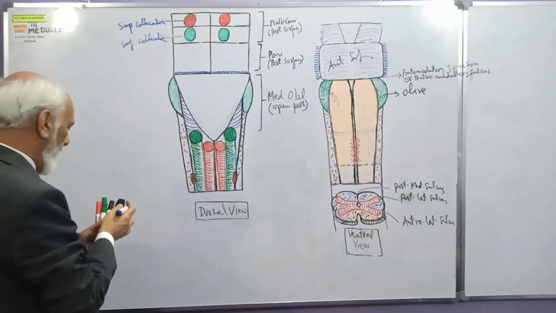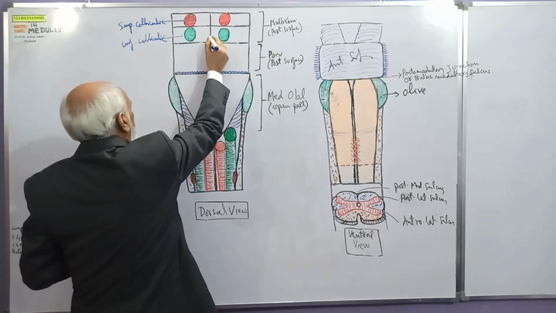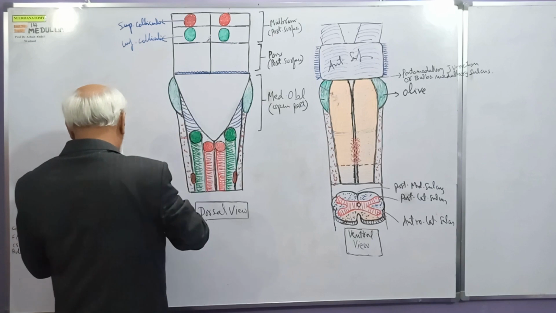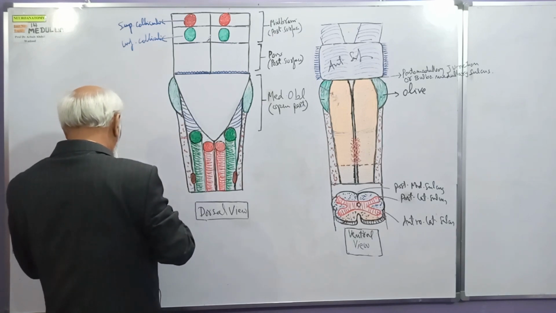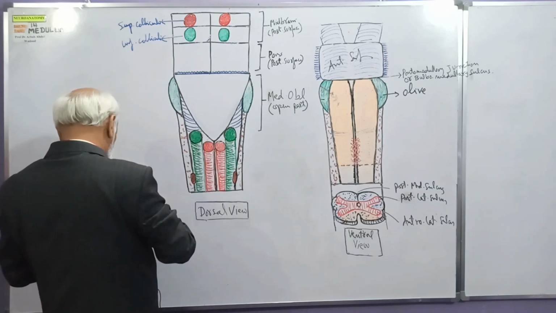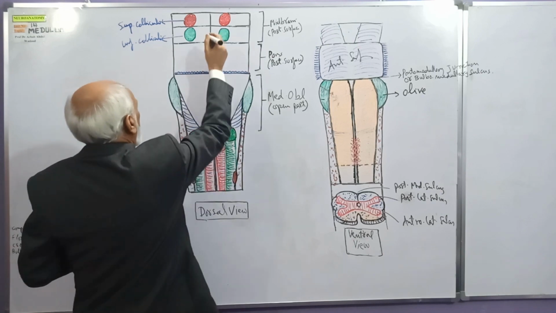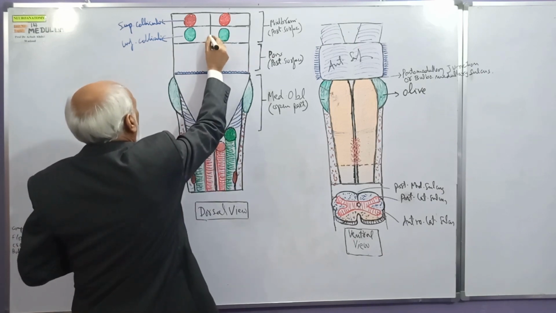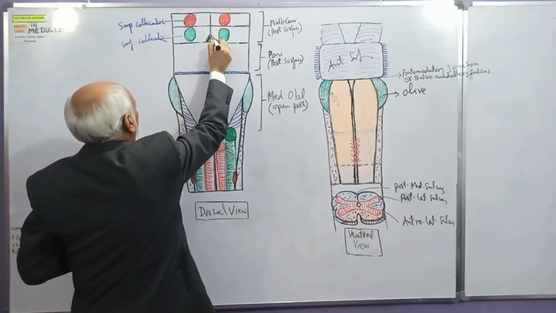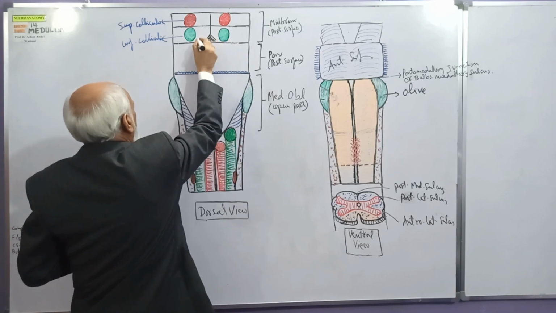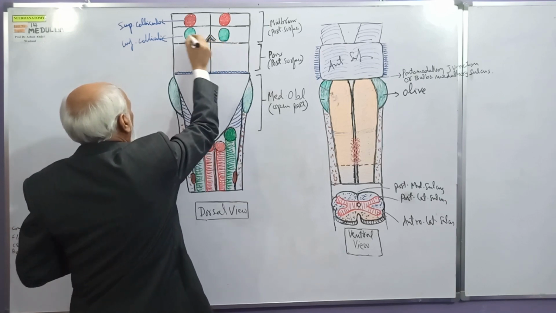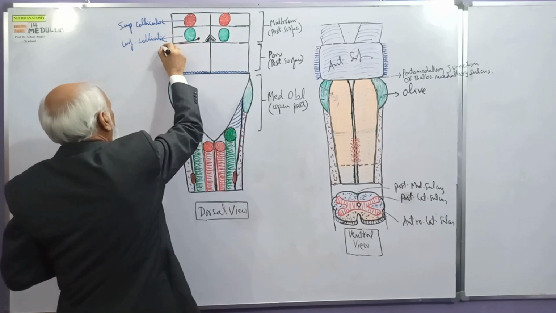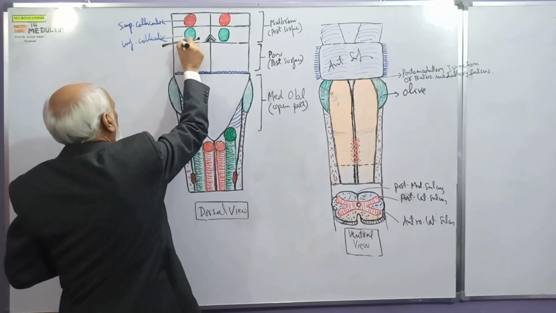And at the lower end of the cruciform sulcus, there is a ridge here known as the frenulum veli. And on each side of the frenulum veli, below the inferior colliculus, there is attachment of the trochlear nerve.